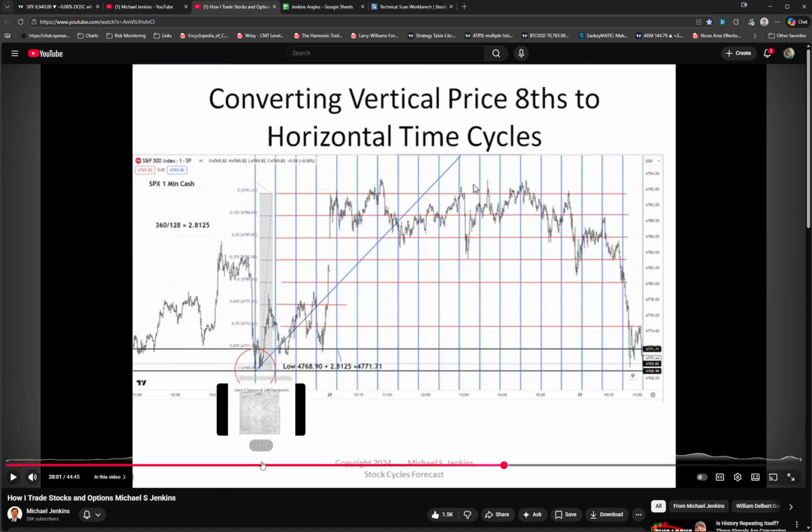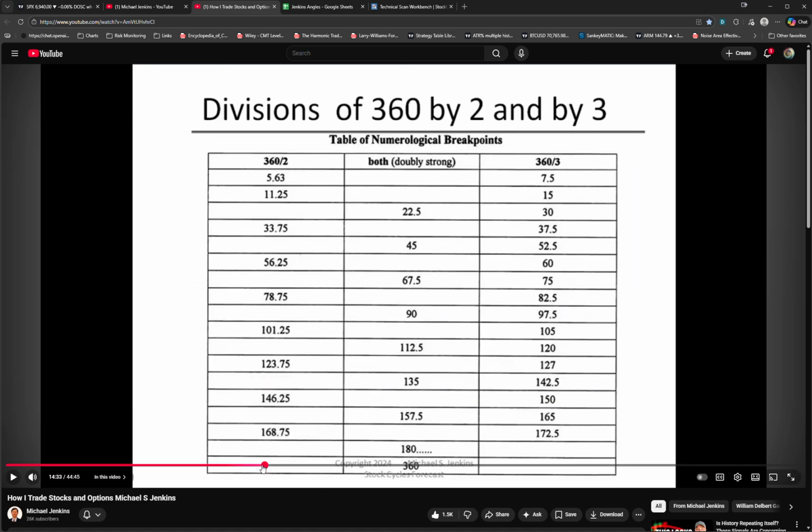and then around 14 minutes in, he's got this table with the divisions of 360 by 2 and 3. These are all of the angles that we're looking for, and you're looking for instances in which the range of price that you're working with is a close match to these.